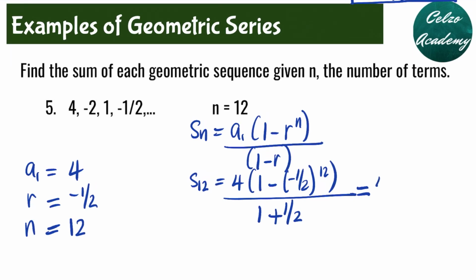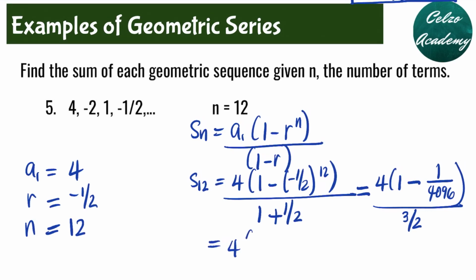Now let's simplify this. So we have 4 times, simplifying the parentheses, we have 1 minus -1 half to the 12th power is 1 over 4096, all over 1 plus 1 half is 1 and a half, or 3 over 2.